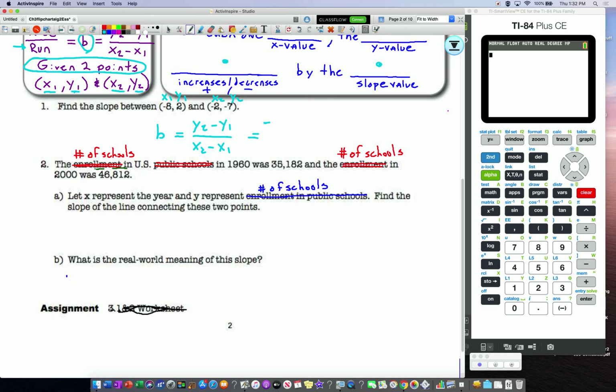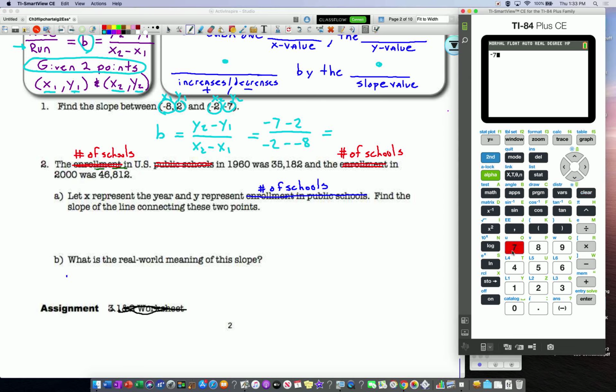So y2 is negative 7, y1 is 2. So negative 7 minus 2 over x2, negative 2, minus x1, negative 8. This is where you've got to really watch your signs. If I go negative 7 minus 2, I get negative 9 on the top.